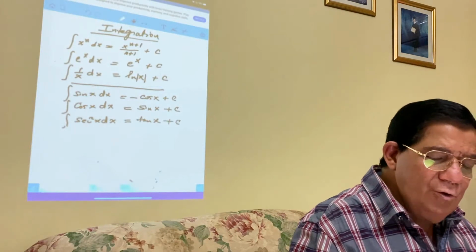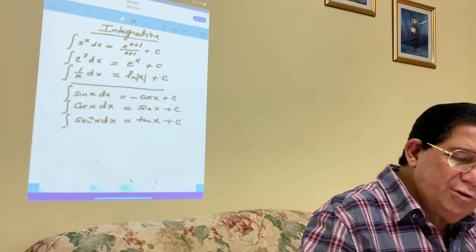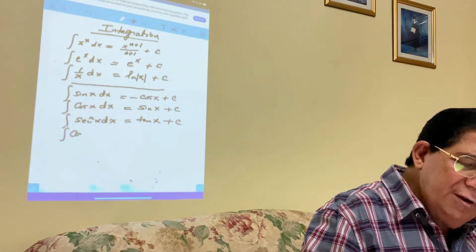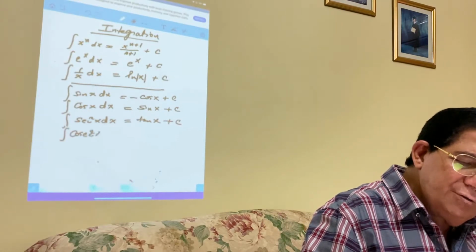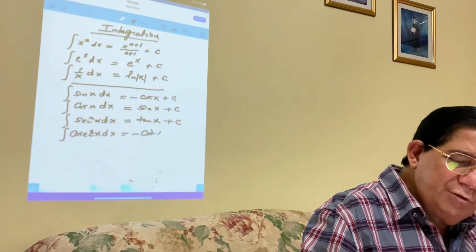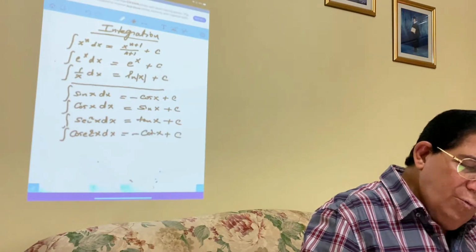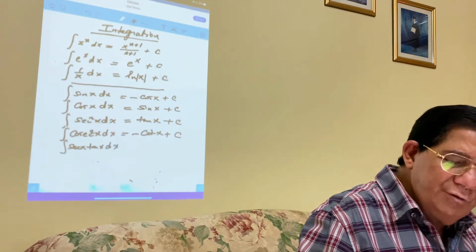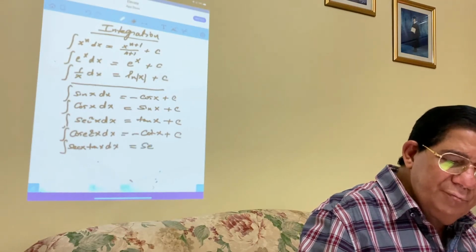As I say, we are going to write all the rules of anti-differentiation. What is the integration of cosec square x dx? Negative cotan x plus c. What is the integration of sec x tan x dx? It is sec x plus c.